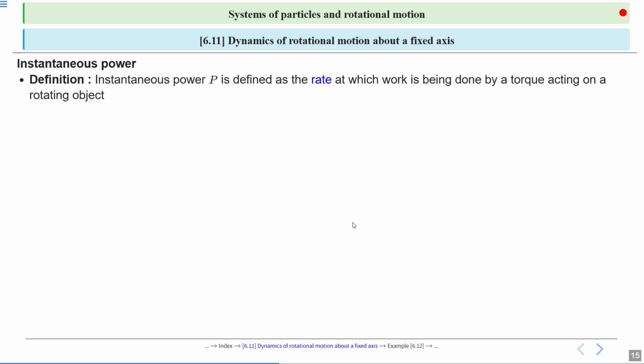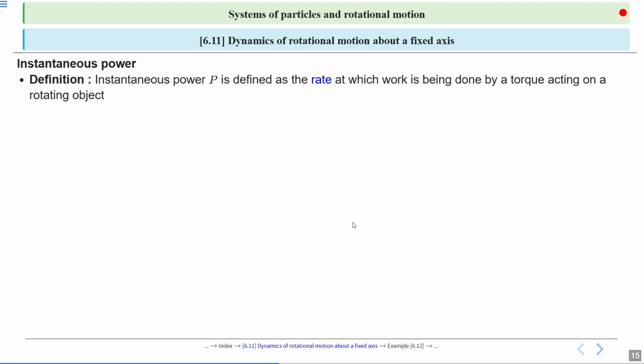Instantaneous power. You know, instantaneous means at a particular instant. All right. Let's discuss. So here the question arises, what is power?